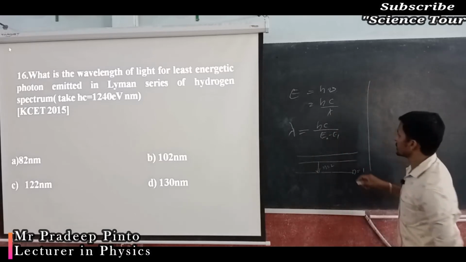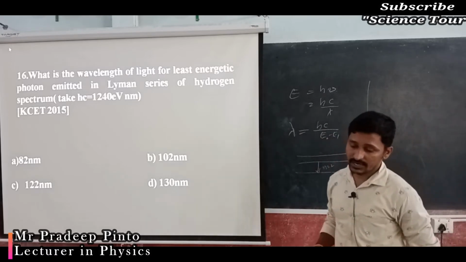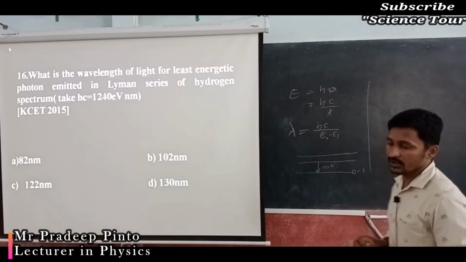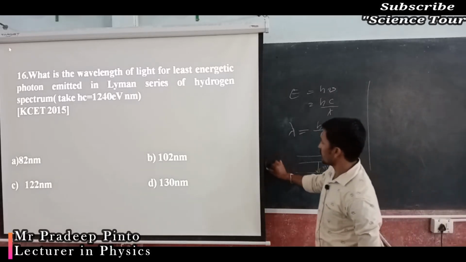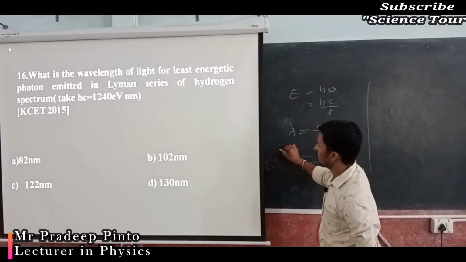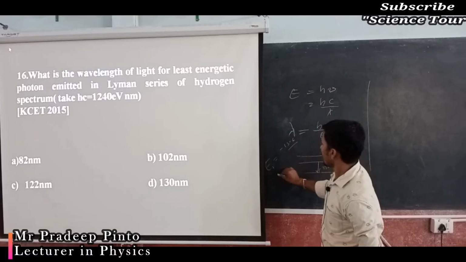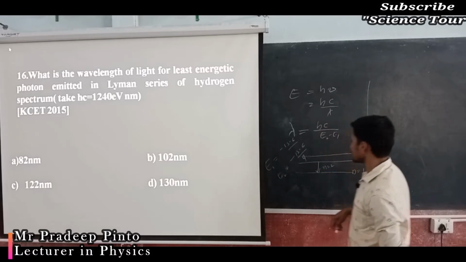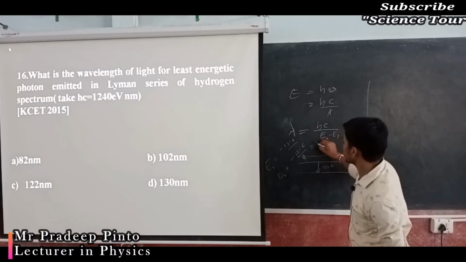The first energy was minus 13.6 eV, the next energy was minus 3.4 eV, isn't it? That you can also write down: E1 is equal to minus 13.6 eV divided by 1 square, and E2 is equal to minus 13.6 divided by 2 square.